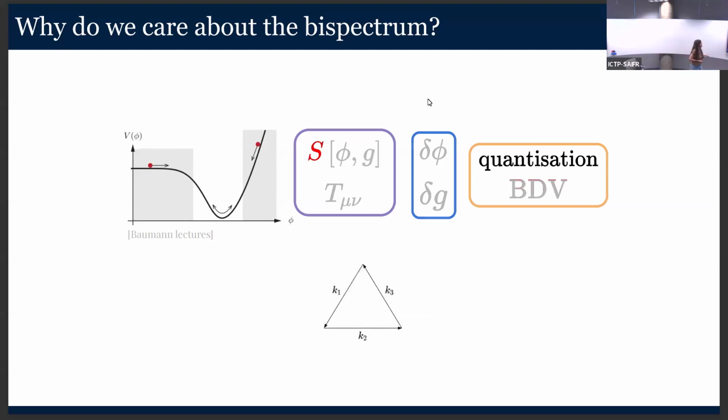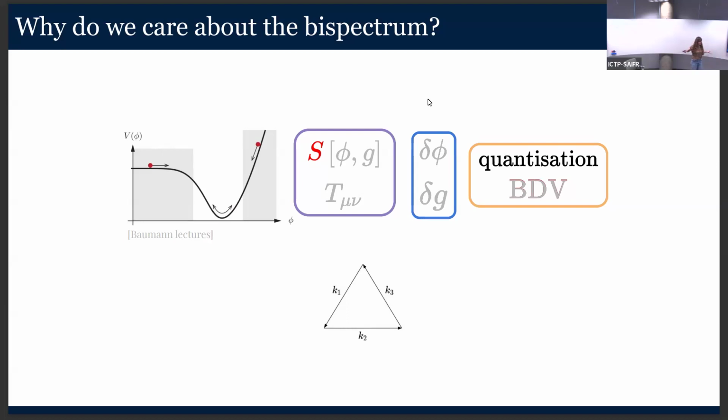And you can also say that the action is going to have non-standard kinetic terms and can capture different interactions, different modifications from your standard simplest action. And if you break, for example, the assumption that your scalar field has a standard canonical term, then you start to see that you will have a lot of contributions to the equilateral shape.